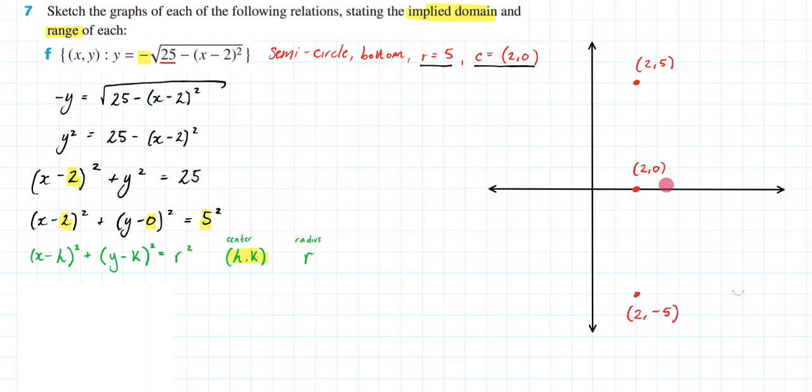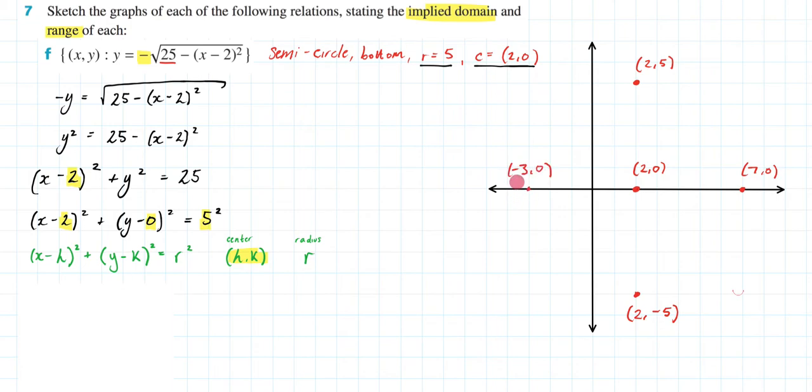So as you can see here, I took my y value of the center and added 5 and then subtracted 5. Now I'm going to go this way, 1, 2, 3, 4, 5. And this is going to be 2 plus 5, which is going to be (7, 0). And from (2, 0), I'm going to subtract 5: 1, 2, 3, 4, 5. So 2 minus 5 is -3, giving (-3, 0).